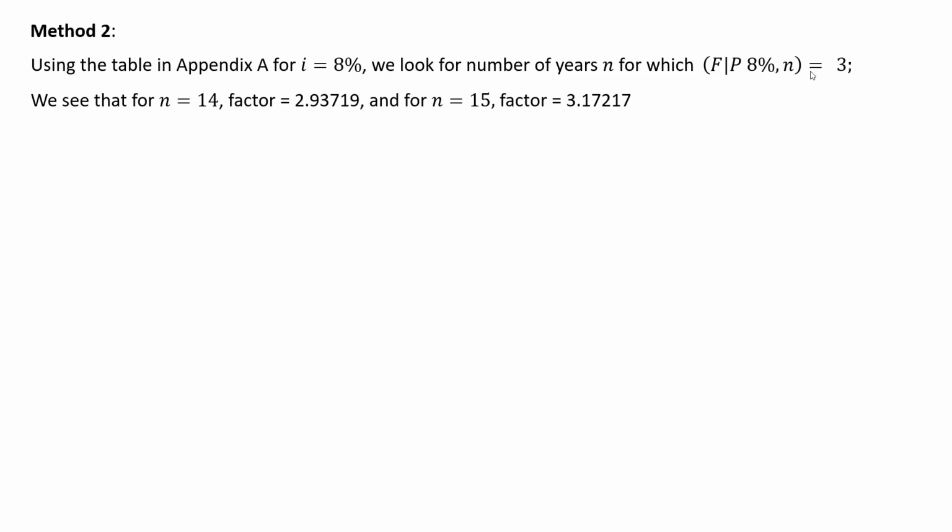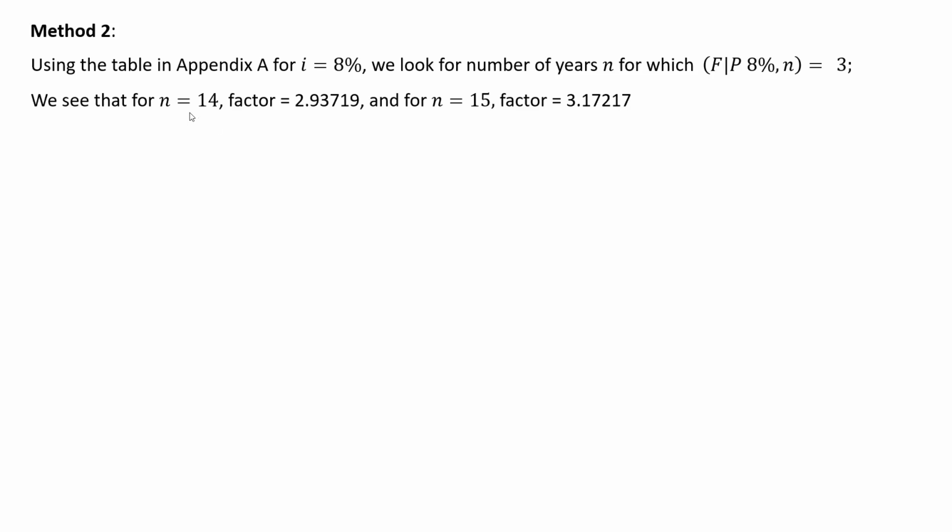But what we see is there is nothing exactly 3 in the table. However, we see that when n equals 14 for this 8%, that factor is 2.93719. Whereas if you jump by 1 year, to n equals 15, that factor becomes 3.17.